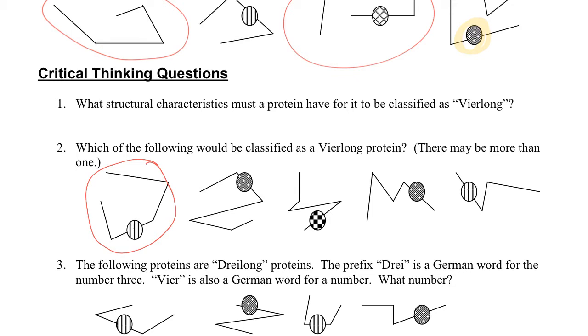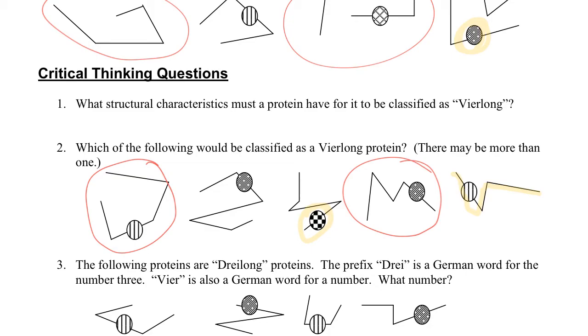The third one has enough segments, however, this is not a striped or dotted globule. So the third one does not work. This one does, and we see that here there's only 3 line segments, so that doesn't work either. So only the 2 I circled in red count for a Vierlong protein.